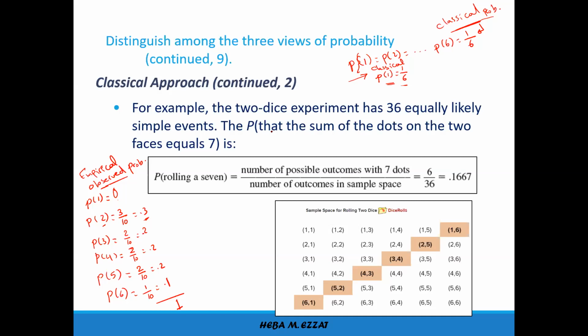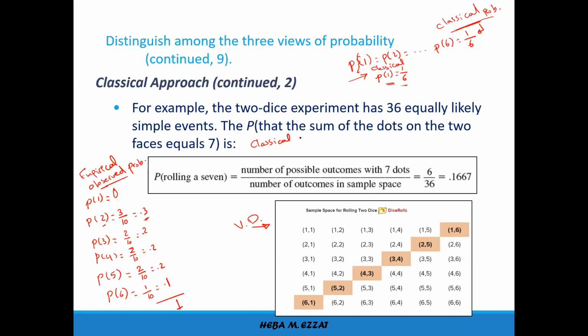For this example, I won't solve it because it's already solved in front of you. I want to know what is the probability right now. And in this case, it's a classical probability. Why? Because it's included in what we call the Venn diagram.